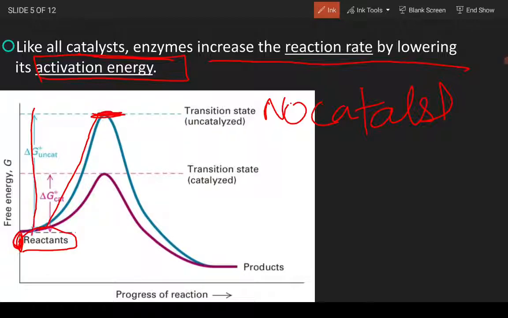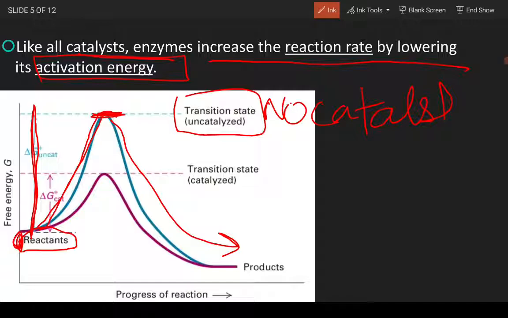They need this much energy, or activation energy, to reach this state. Only after reaching this transition state can the product form. So every reactant, for the reaction to occur, requires this much energy to reach the transition state, and only then can the products be formed.